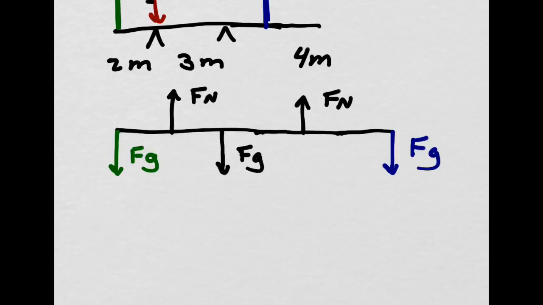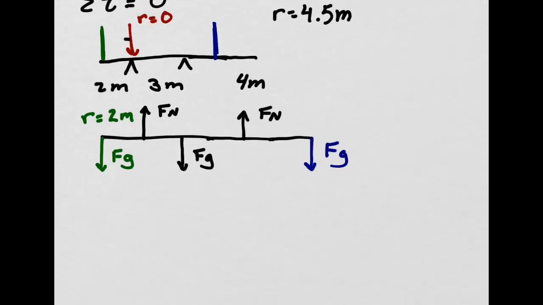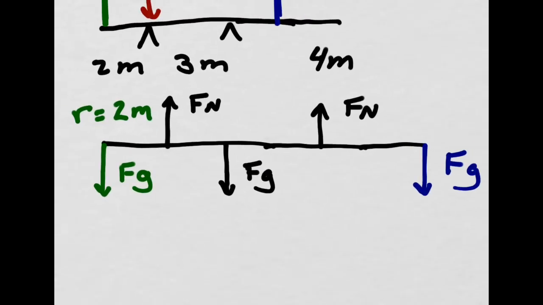So let's find the distances between these forces. For the green, R is 2 meters. The distance from our pivot point, which we chose to be at the first support, to the green force is 2 meters. For this guy here, R is 0 because we picked that to be our pivot point.